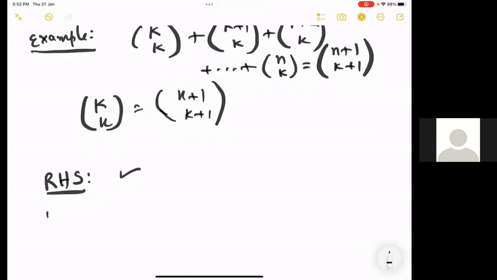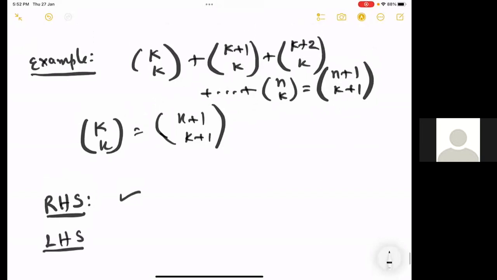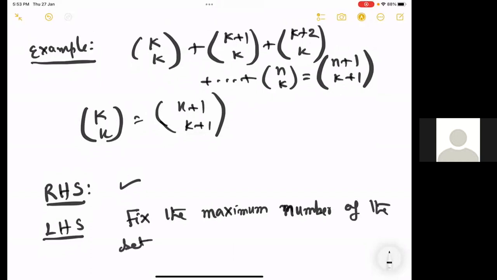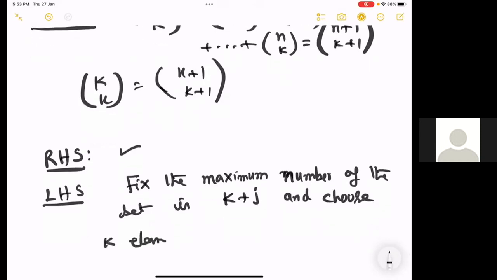To see the LHS, fix the maximum number of the set to be k plus j, and choose k elements from k plus j minus 1.